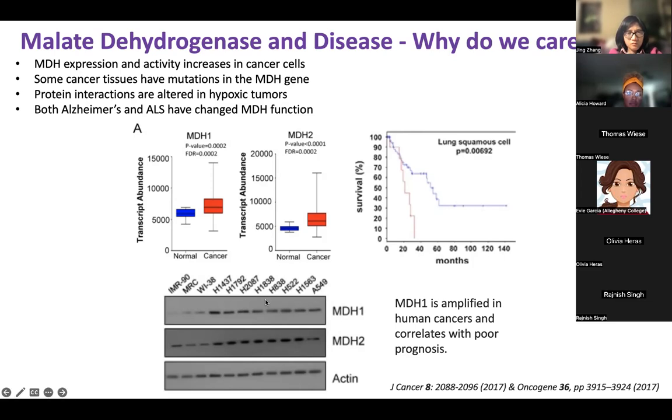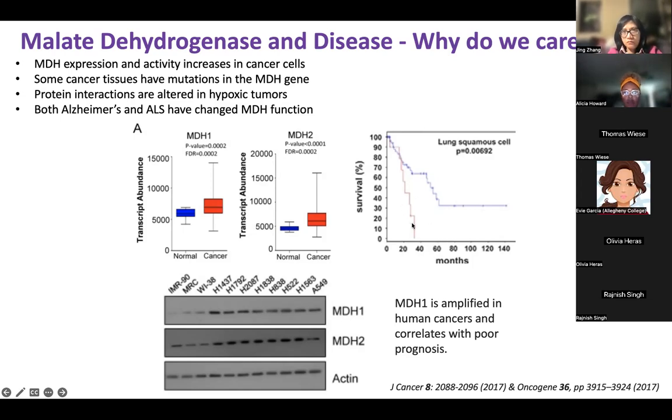They also looked at MDH1 and 2 in wild type cells, WI38, MRC5, and IMR90, which are wild type cells, and in a good number of cancer cell lines, H522s and A549s, they saw an increase through Western blot. We also see an increase in MDH2 that modestly goes along with the increase in transcript we see here.